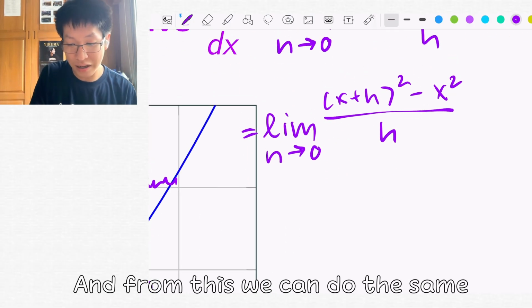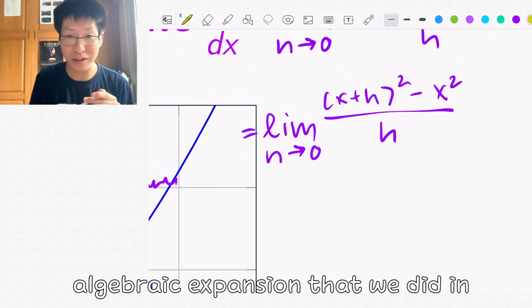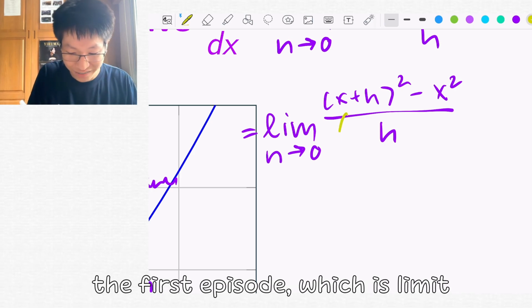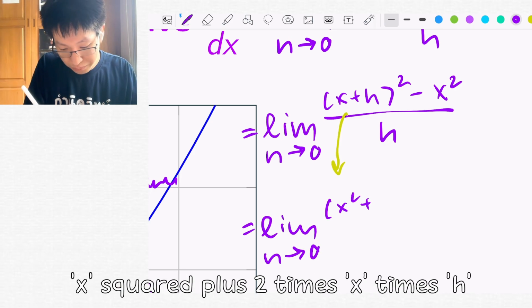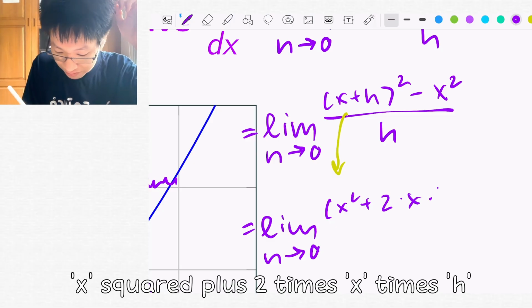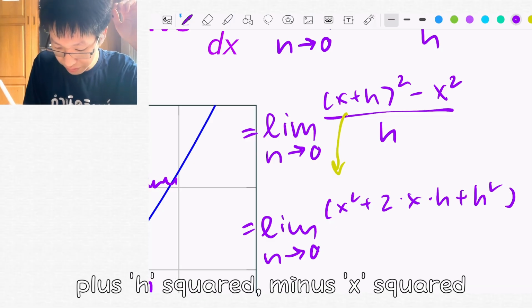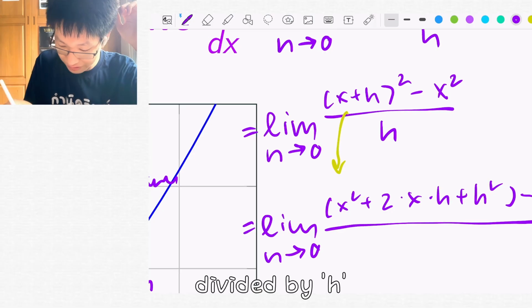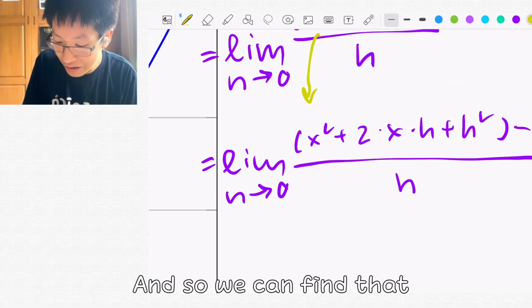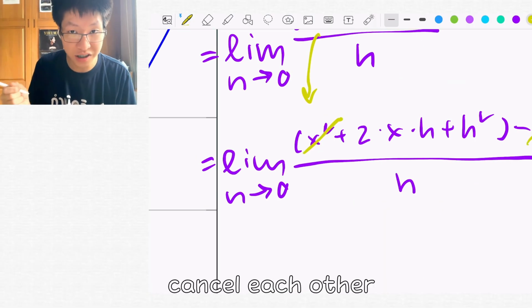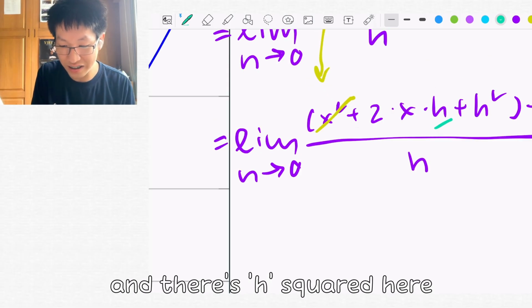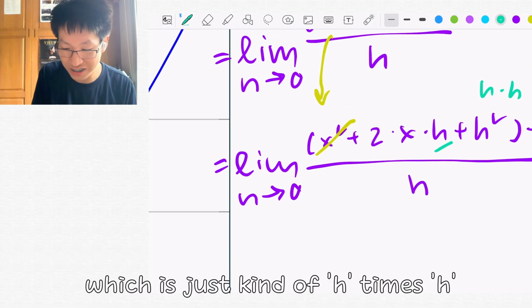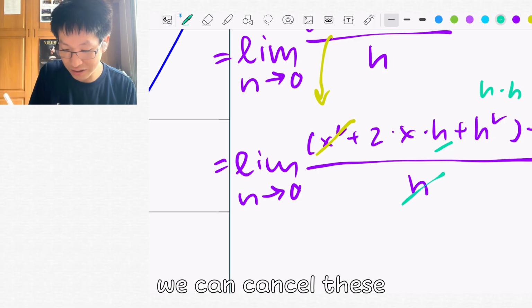From this, we can do the same algebraic expansion that we did in the first episode: the limit as h approaches 0 of x squared plus 2 times x times h plus h squared minus x squared, divided by h. We find that x squared and x squared cancel each other. There's one h here, and there's h squared here, which is just h times h, so we can cancel these.